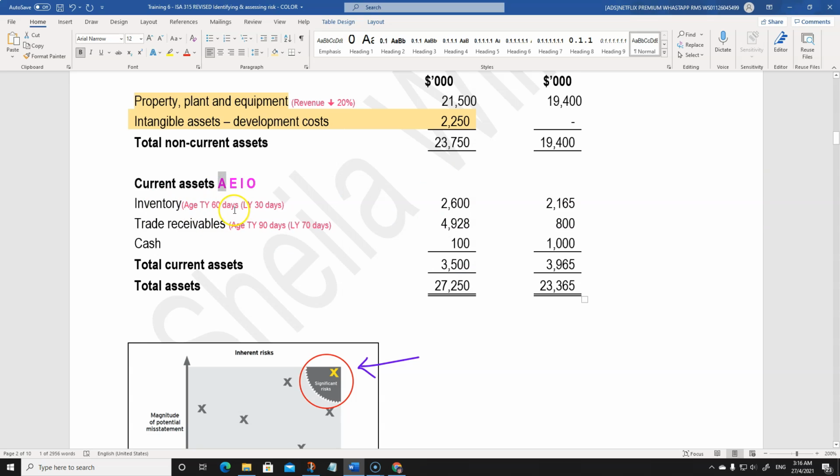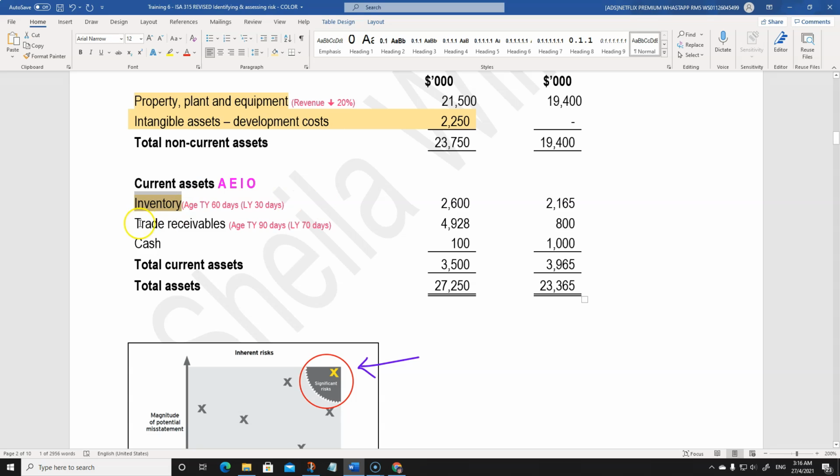You can see here that the inventory age has deteriorated. This year is 60 days. Last year is 30 days. So inventory would be another significant class of account balance, because it could be overvalued. The assertion here is on the area of accuracy, valuation, and allocation.